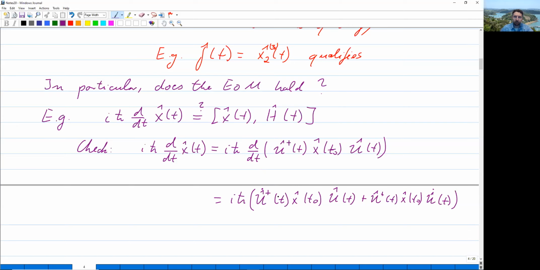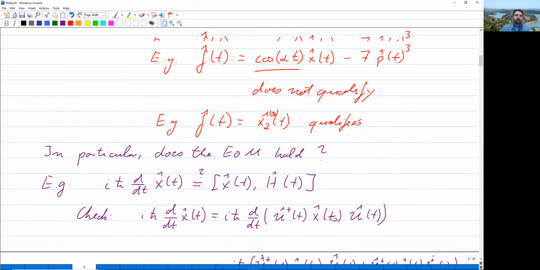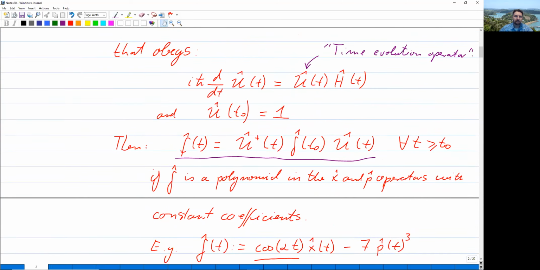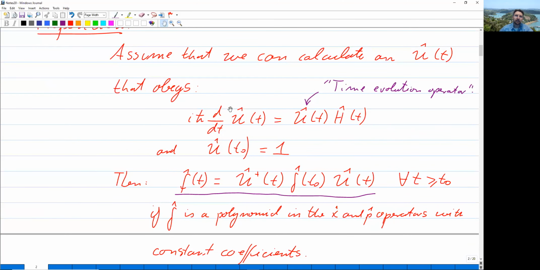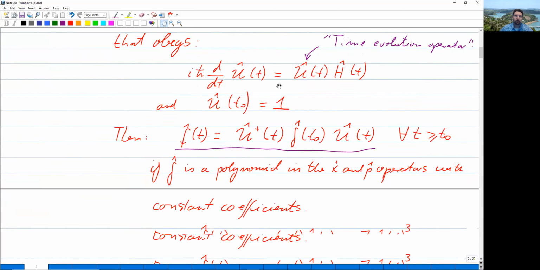So it certainly also applies to these operator-valued functions. Now, at this point, we need to use the assumptions that go into the proposition, namely that by assumption, our u hat of t is the solution to this equation of motion, namely that i h bar times the time derivative is uH.